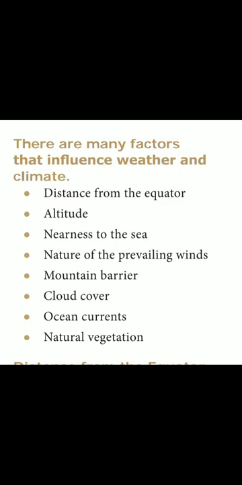Next one is the cloud cover. What do you mean by cloud cover? In some places, if there are more clouds, they prevent the entry of heat from the sun and protect the earth's surface.